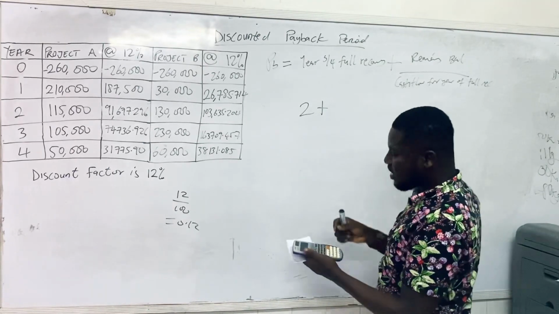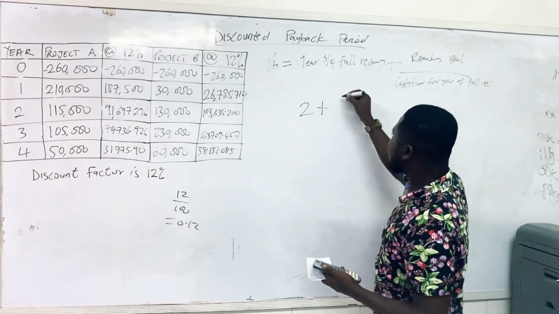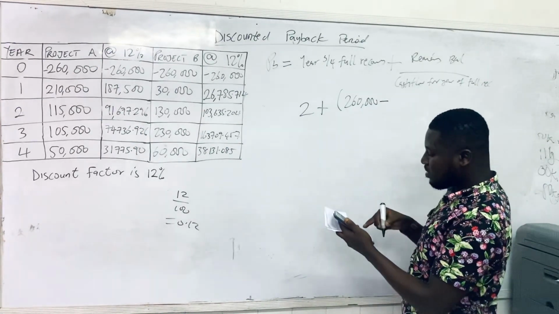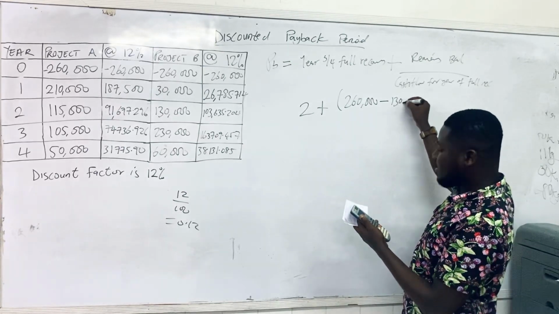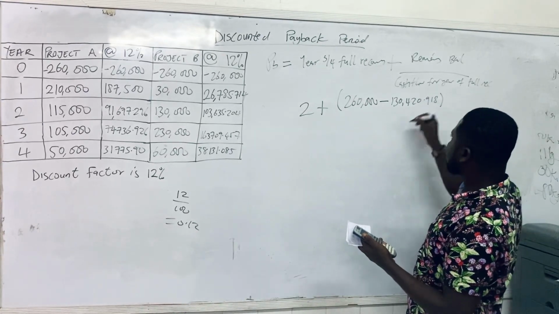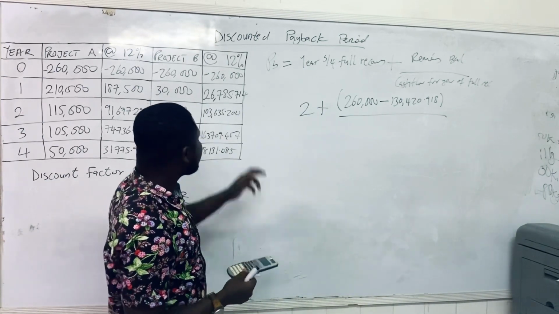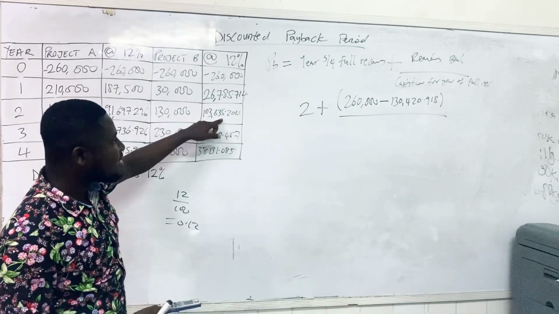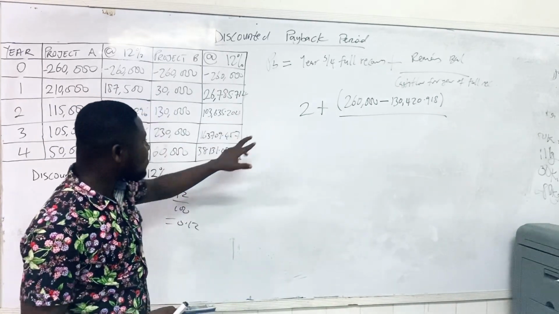So plus the remaining balance. The remaining balance here is 260,000 minus 130,420.918, all on. So for the remaining balance, you state your initial investment here, and then you subtract the first year's value and the second year's value, because it is after the second year that we are going to make our full recovery.